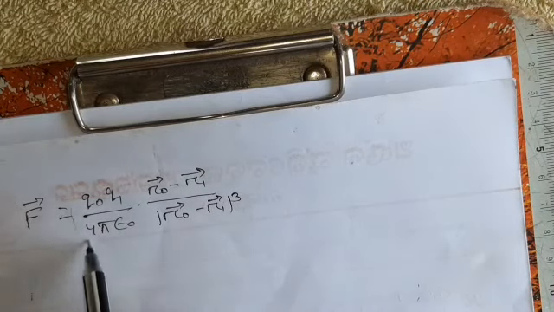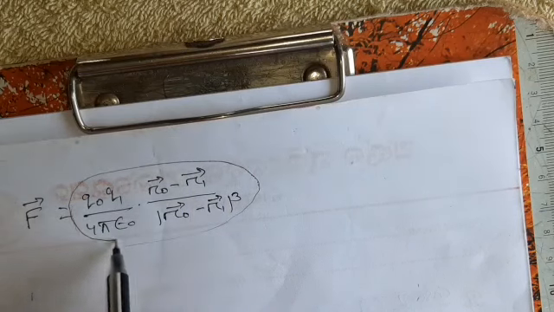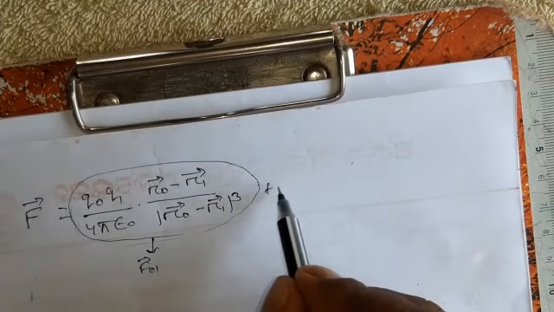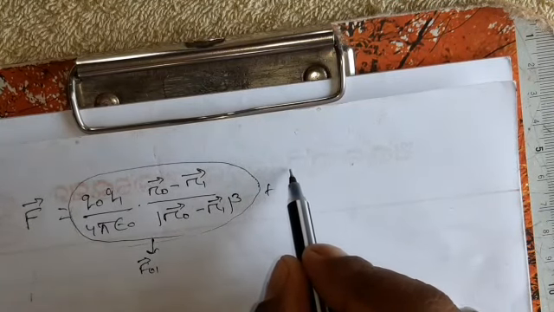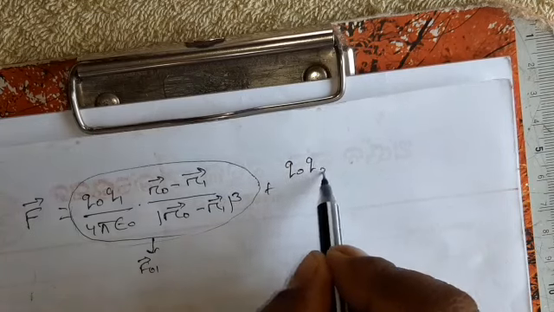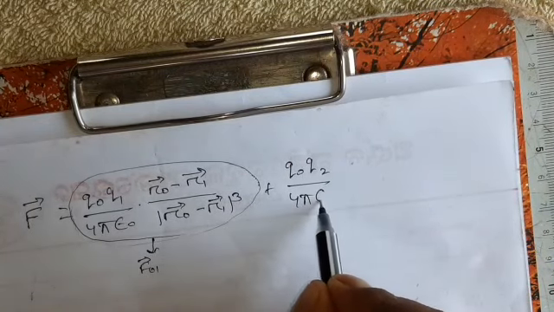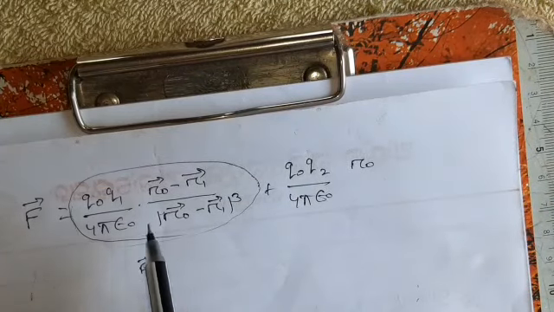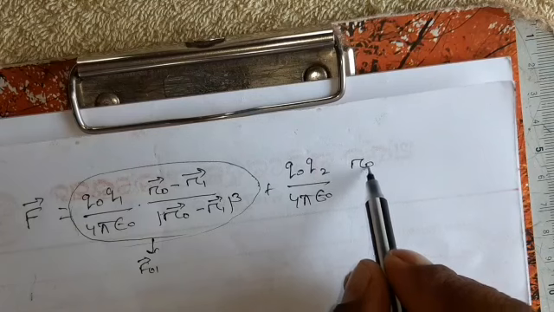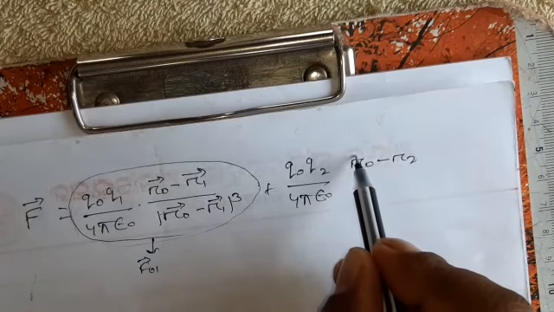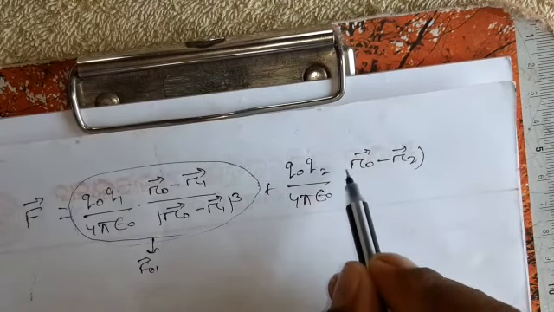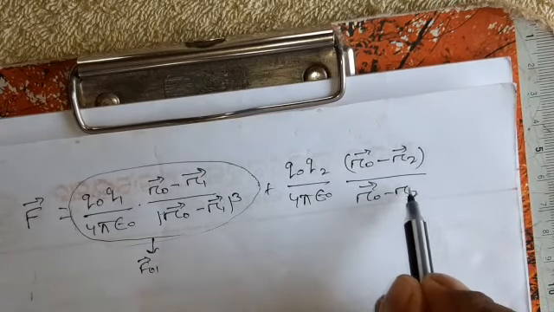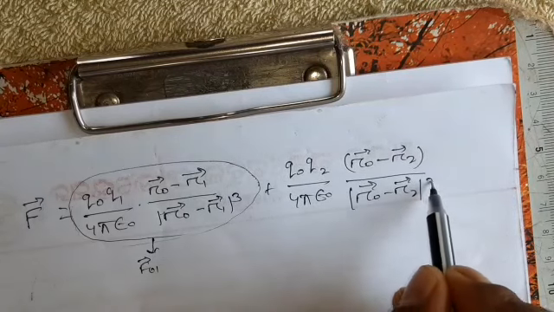This is for F naught 1 vector. And again I will write for F naught 2 vector, Q naught Q2 divided by 4 pi epsilon naught. That type of formula I have derived in Coulomb's law in vector form, that is R naught vector minus R2 vector divided by magnitude of R naught vector minus R2 vector to the power 3.